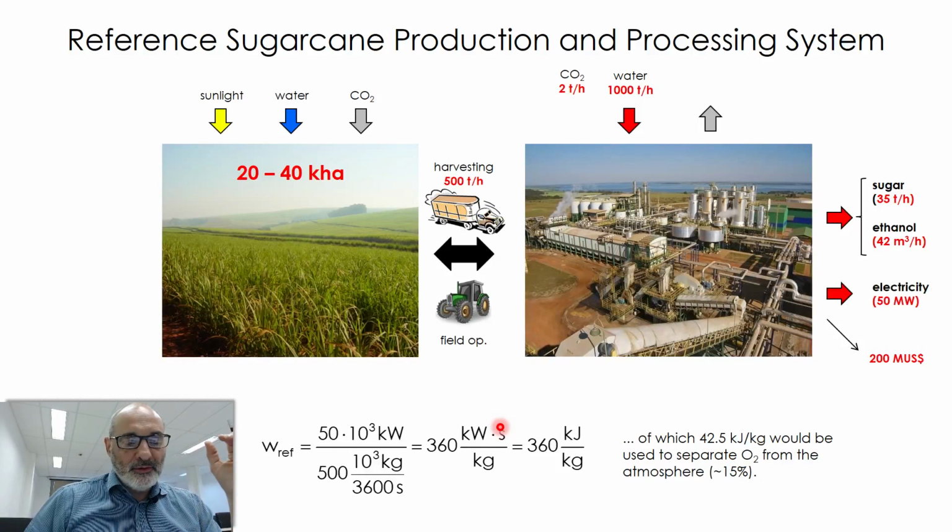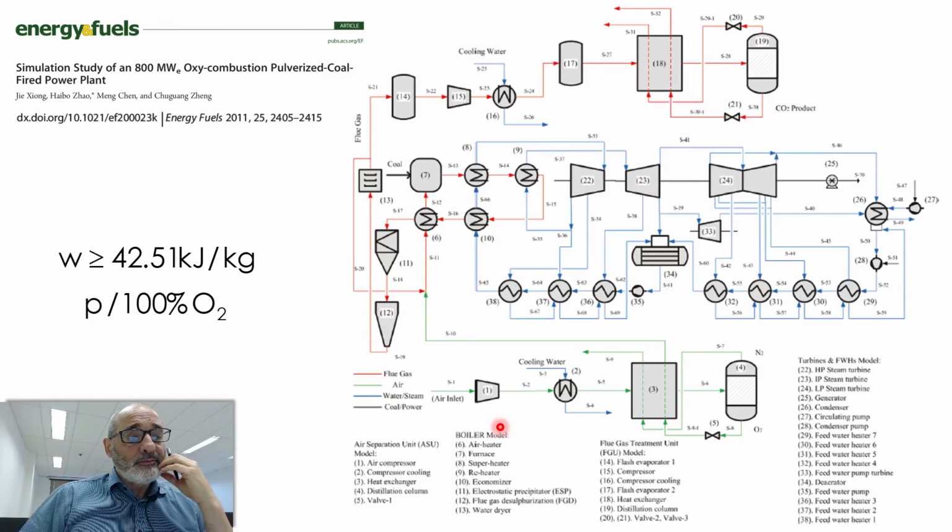Just to give you an idea of how this number can be used, this other example is an actual oxy-fuel combustion process, but with pulverized coal instead of biomass, to generate electricity. It's almost 1 gigawatt.